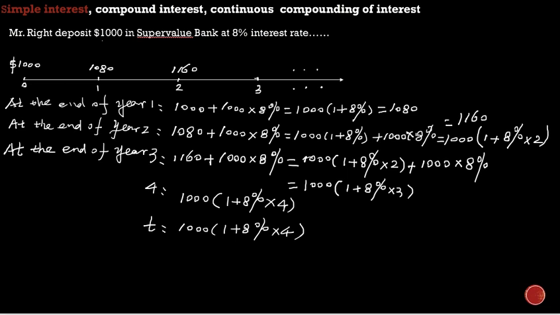The principal we know denoted as P. The accumulated amount according to different years we denote as A, and the interest rate we denote as R. So the year denoted as T. So the accumulated amount for simple interest is the original principal times parenthesis 1 plus R T. This is the accumulated amount.